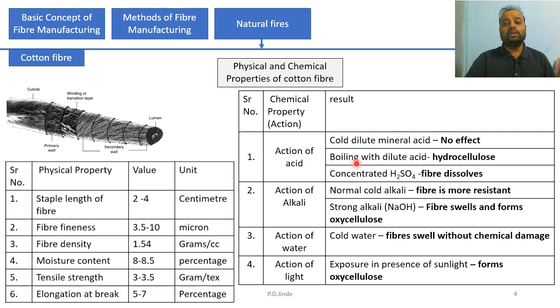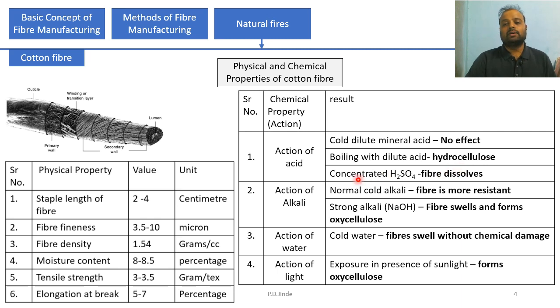Similarly, the boiling with a dilute acid can produce a hydrocellulose. Hydrocellulose is some kind of a damage to the fiber. When you place a fiber and treat it with the boiling diluted acid, then hydrocellulose forms. That means a damage starts.